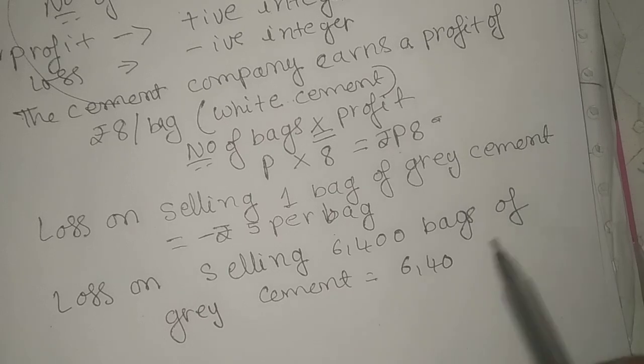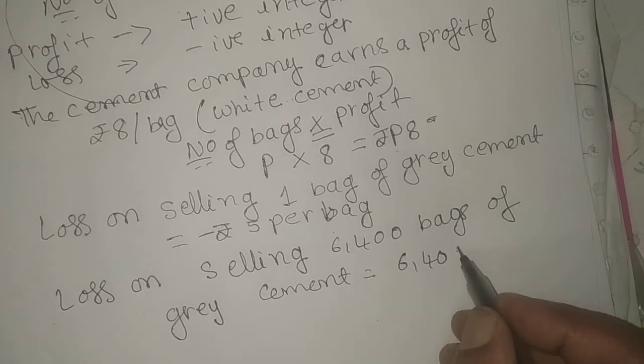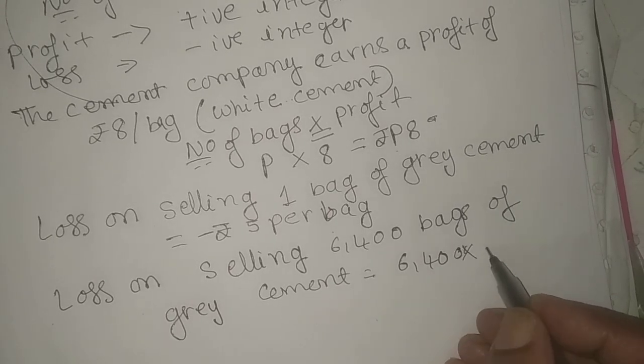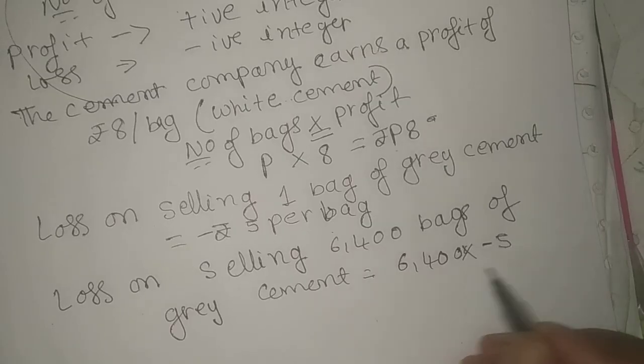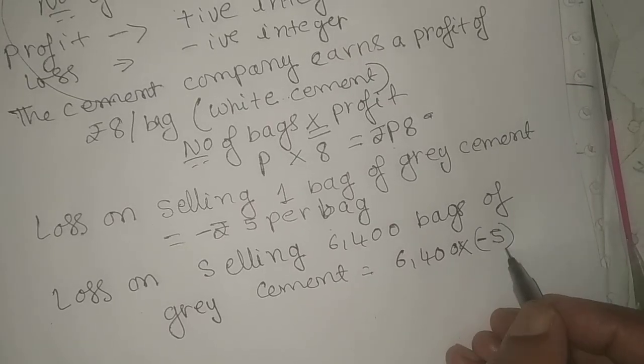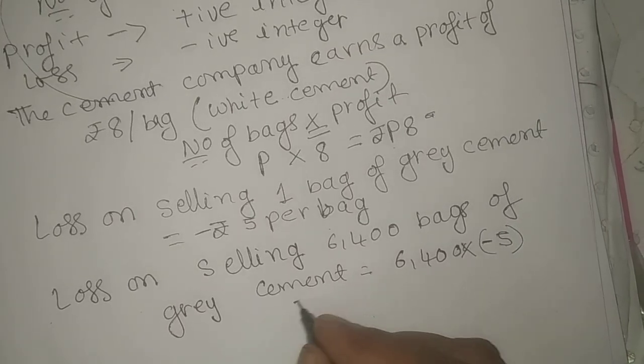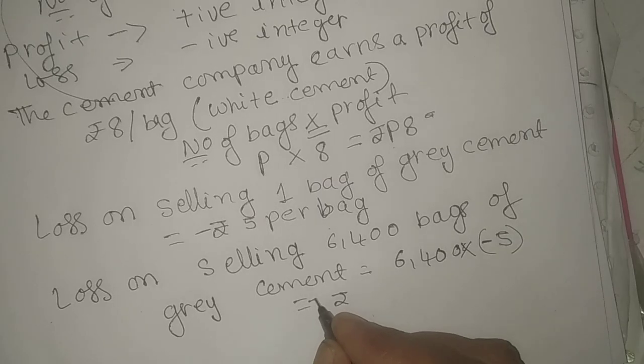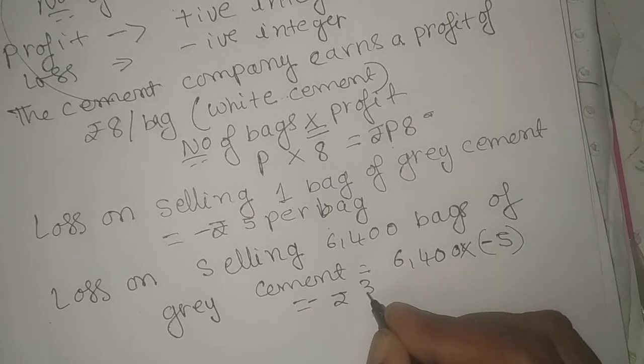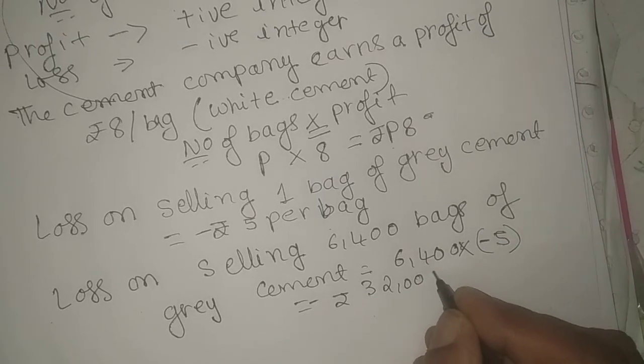Loss on selling 6,400 bags of grey cement is 6,400 into minus 5. You have to multiply. This loss is minus 5. Therefore, we'll get rupees minus 32,000.